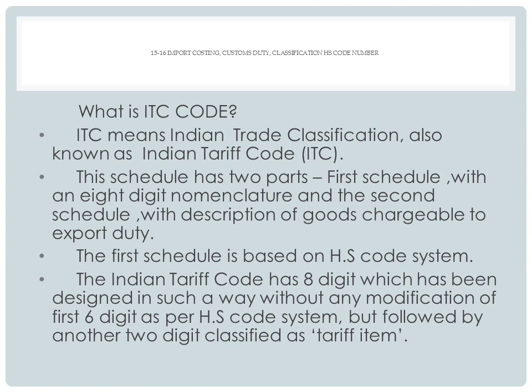The first schedule is based on the HS code system. The Indian Tariff Code has 8 digits, which has been designed in such a way without any modification of the first 6 digits as per the HS code system, but followed by another 2 digits classified as tariff item.